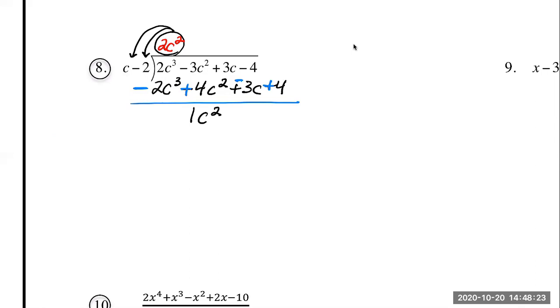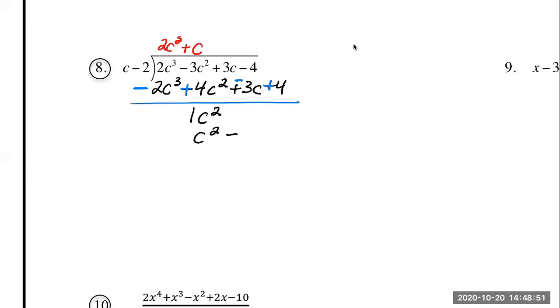So now we need to figure out what we should write next to the 2c squared. So if we multiplied by c, we would have c times c is c squared.